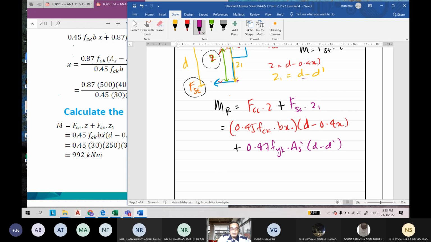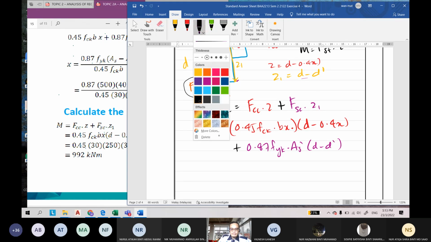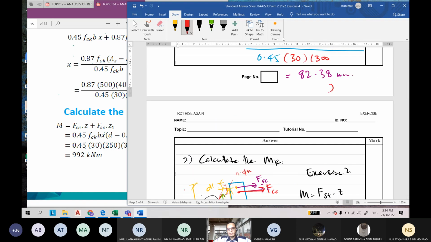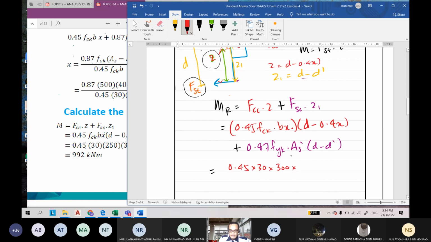So 0.45 fck is equal to what? 30 times 300 times x. What is the value of x just now? 82.38.